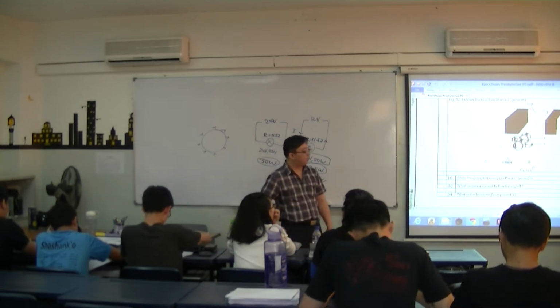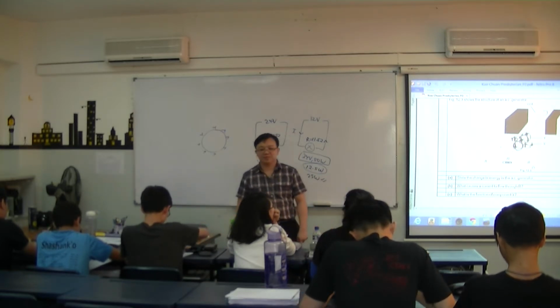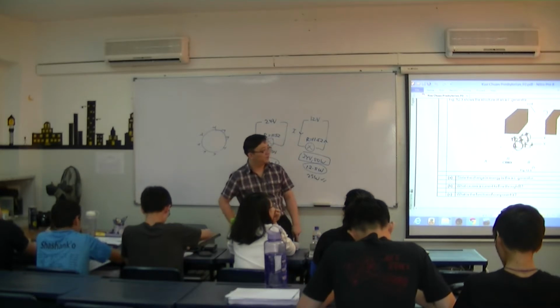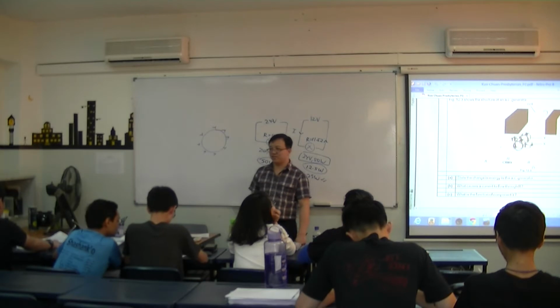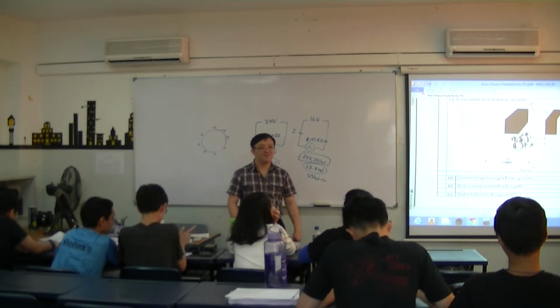So what causes the current to flow through R? Okay, explain. What causes current to flow through R?